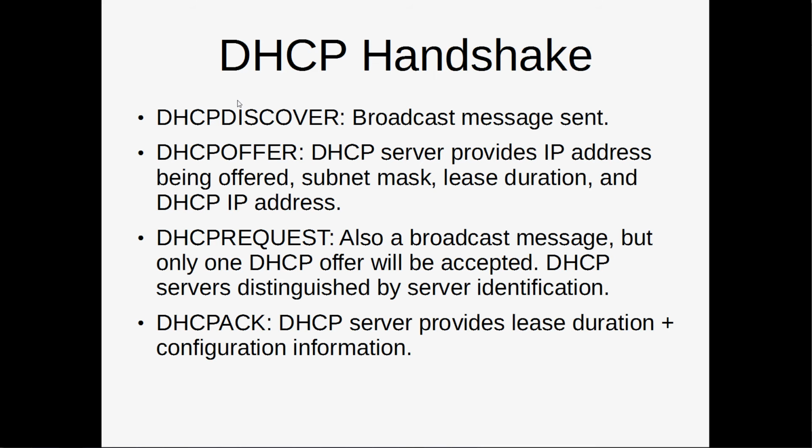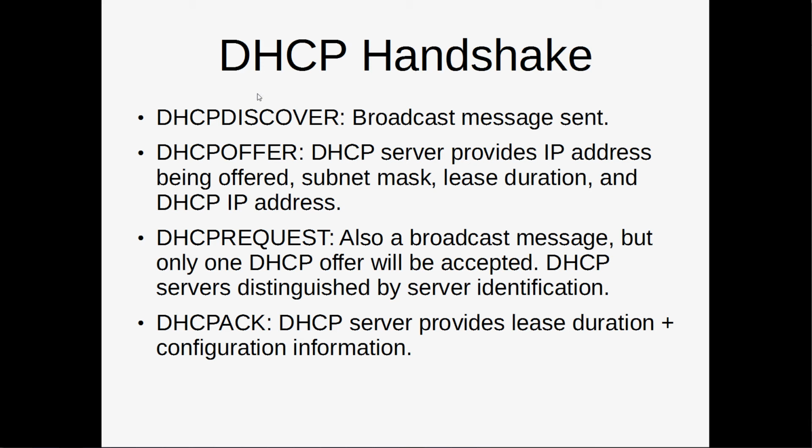There are 4 steps in this handshake. When a node initially comes on the network and doesn't have an IP address, we have a chicken and egg type of situation where the node needs an IP address to communicate with the network.